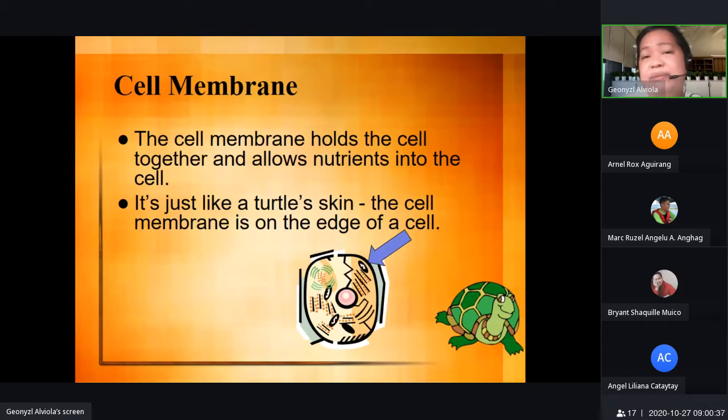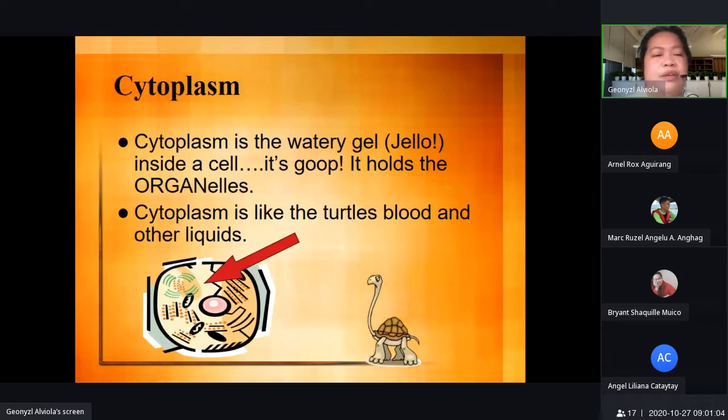It selectively allows some molecules to go inside and outside the cell. Later on, we will discuss membrane transport, or the activities of the cell membrane. All types of eukaryotic and prokaryotic cells have this structure. So this is the primary protection of all organisms.